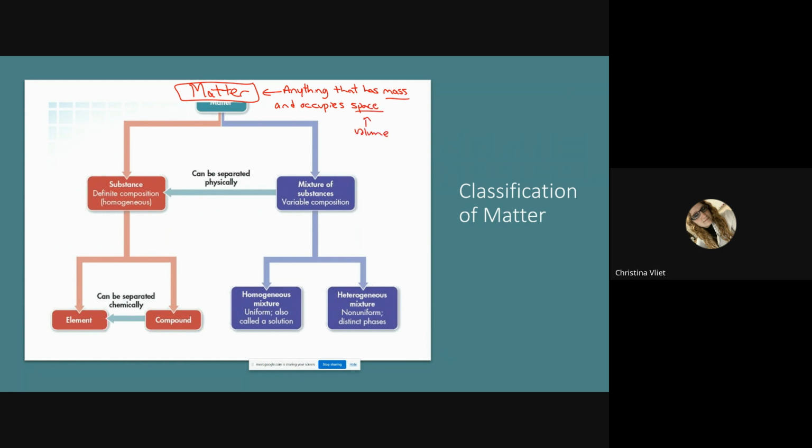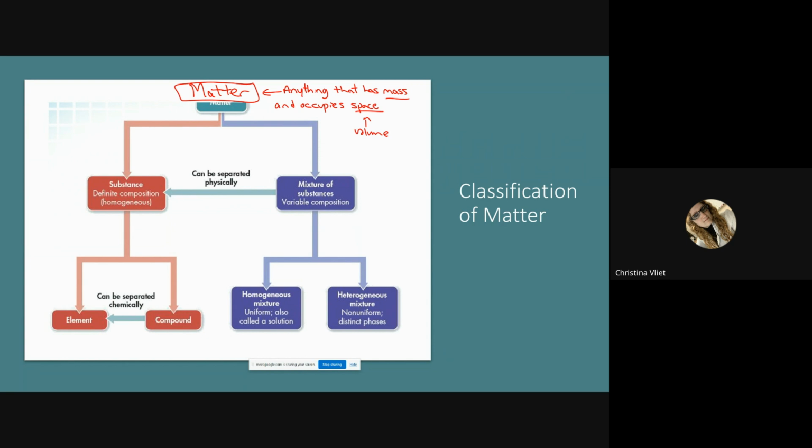And so we classify atoms as the simplest building block of matter. Because atoms have, albeit a very small mass, they do have mass. And as we know from the cloud models, they do occupy a certain amount of volume. We know that there is an atomic radius. So as small as an atom is, and to everything that we see, we classify all of that as matter.